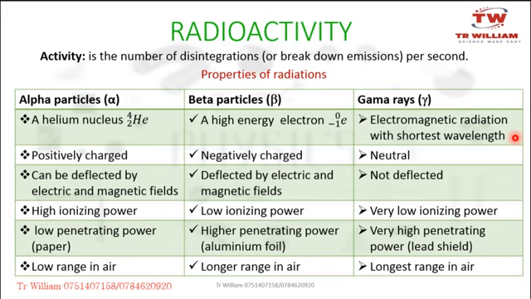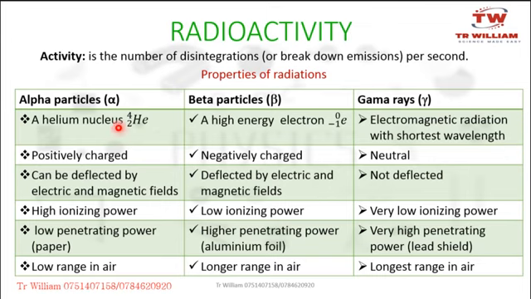The wavelength goes on increasing. So gamma rays are part of the electromagnetic spectrum. If I have a nucleus which is breaking up and it emits radiation of the shortest wavelength, that radiation is gamma radiation.